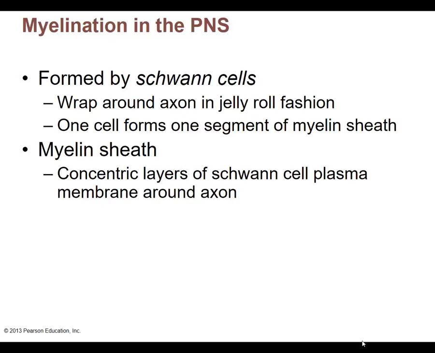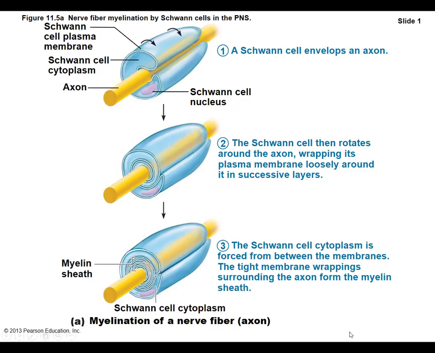Now, one Schwann cell forms one segment of myelin, because they form in these little chunks. Each Schwann cell makes its own little segment of myelin. A myelin sheath is the plasma membrane, all the layers of plasma membrane around the axon with that myelin in between. This is showing how they wrap in jelly roll-like fashion.